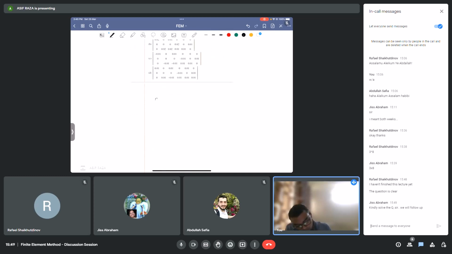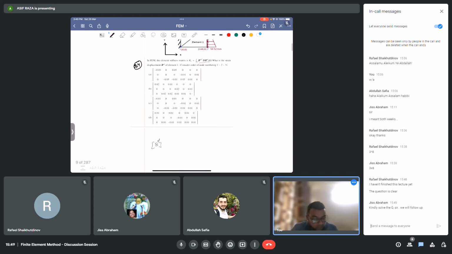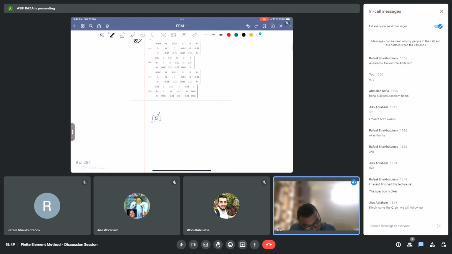We need to know how this is in front. First of all, we need to know what will be the dimension, as the element in consideration is a CST element. A CST element is a 3-node triangle. Each node has 2 degrees of freedom, so the total degrees of freedom is 6.